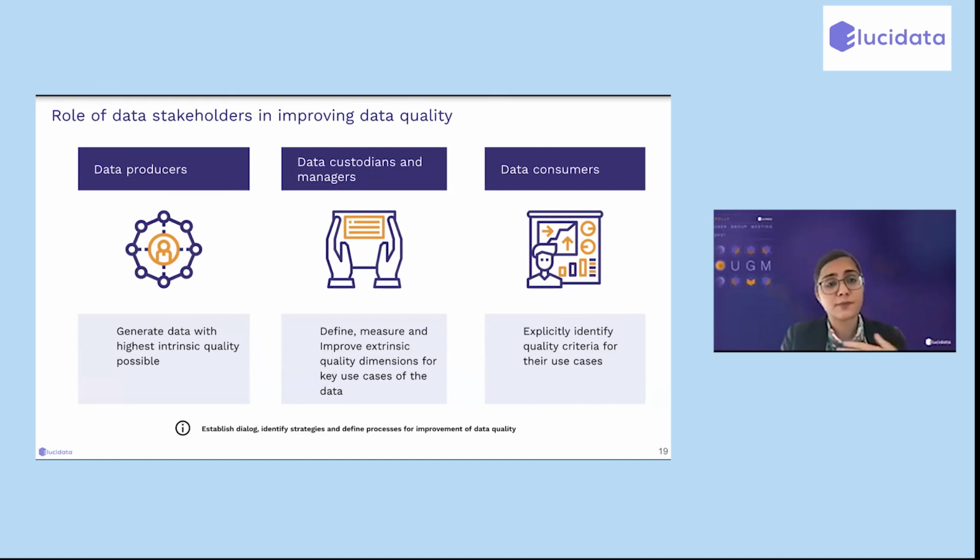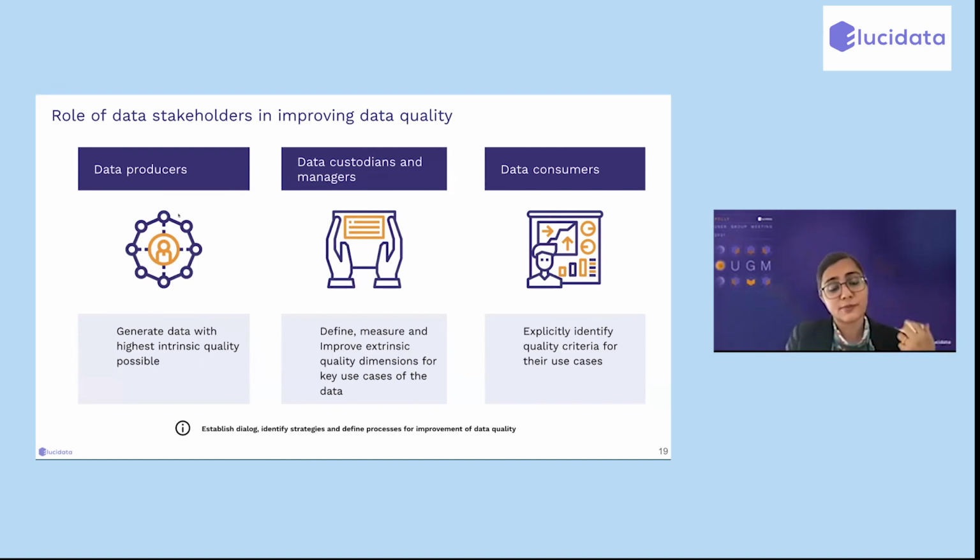If you are a data producer and you're generating data for any project, you should really think about the intrinsic quality of the data that you're generating. You should think about all the possible use cases that the data may be used for in the future, and generate data with as high an intrinsic quality as possible at the time, given the resources.